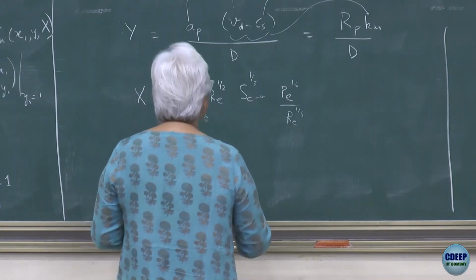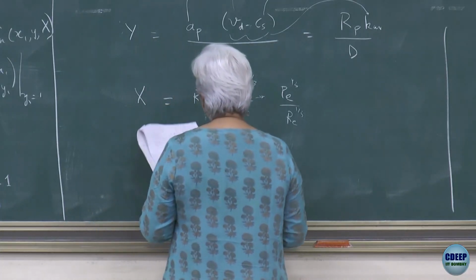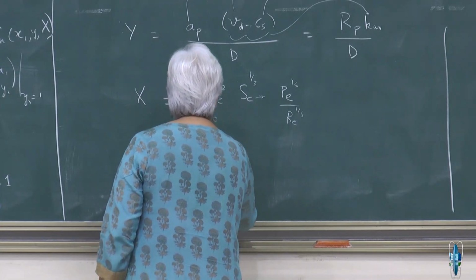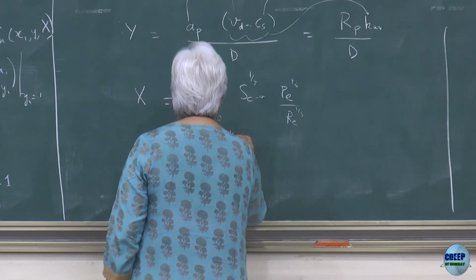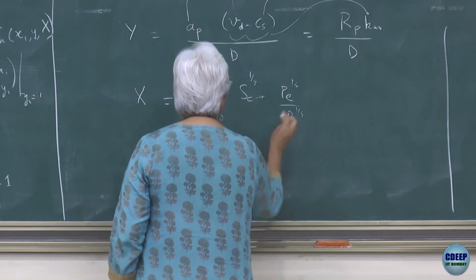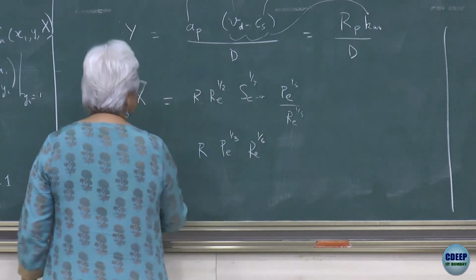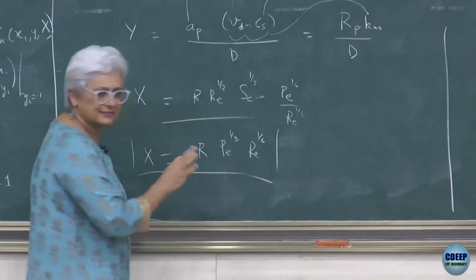Yeah, a Schmidt number is a Peclet divided by Reynolds, and so then you end up with an R Peclet to the 1/3, and of course the Reynolds becomes a half minus a 1/3, which becomes a 1/6. So, this is nothing but the form of the x that we had.